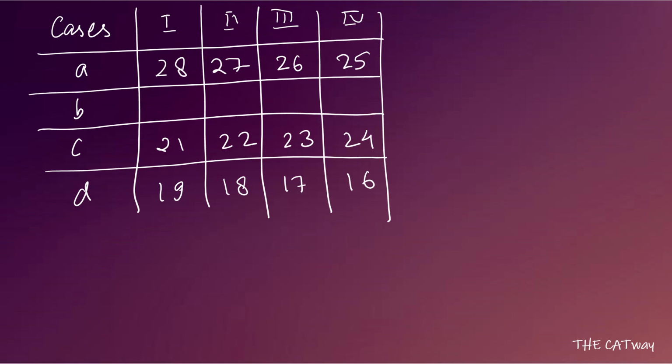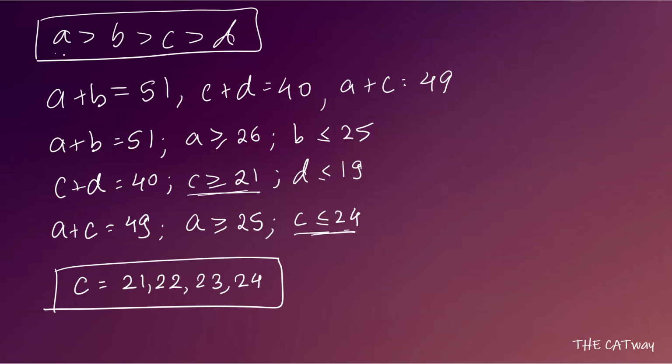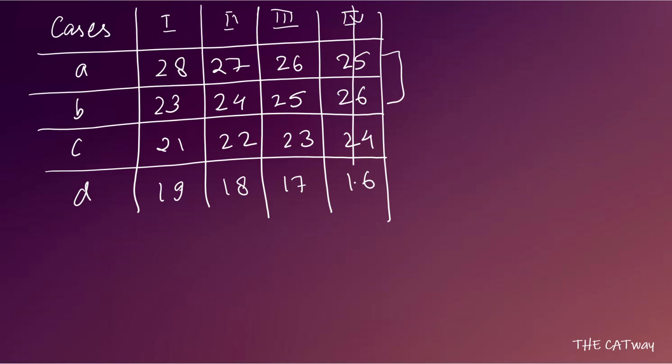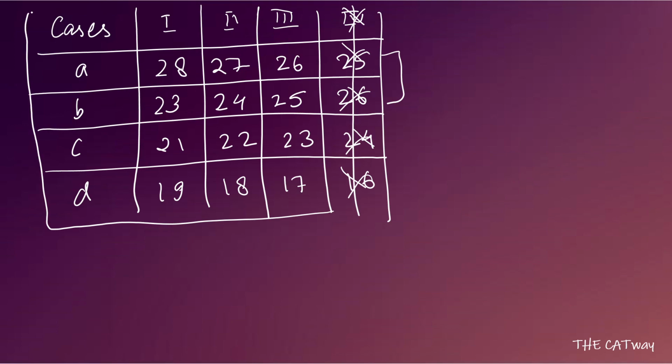So when A is 28, B will be 23, and B will keep on increasing because A is decreasing: 24, 25 and 26. Now in the fourth case, you can see that A is 25 and B is 26. But we already know that A has to be greater than B. So the fourth case is not a possible case. We'll remove it. Now we have three possible cases.